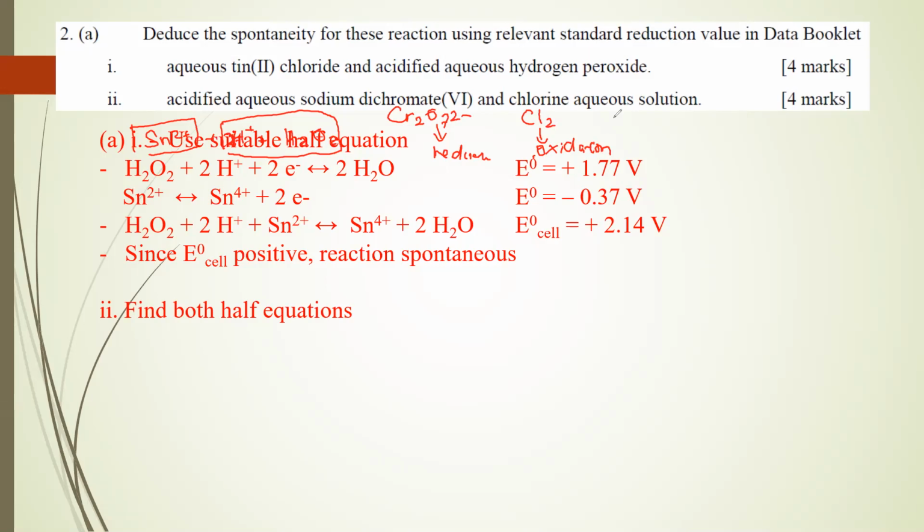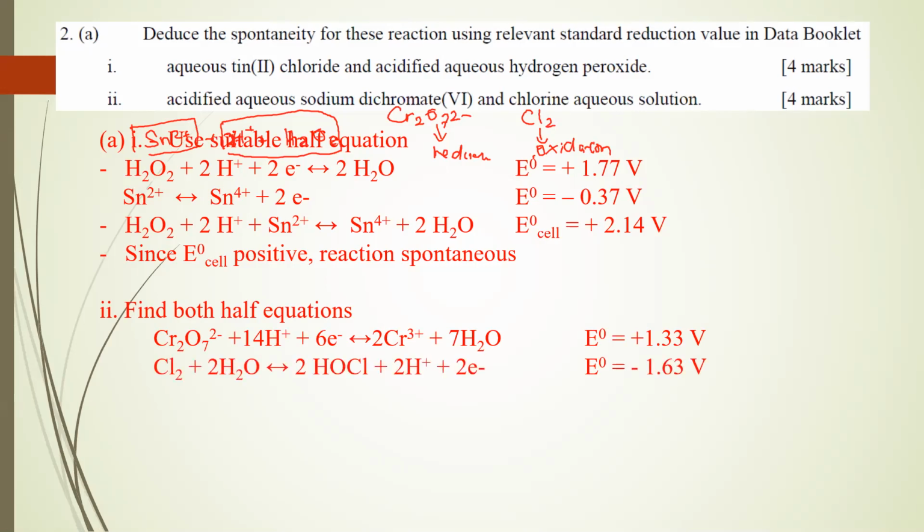Okay, in here, when you check the suitable half equation series, there's only one way toward it. The one half equation in regard to the dichromate is Cr₂O₇²⁻ + 14H⁺ + 6e⁻ gives 2Cr³⁺ + 7H₂O. Then Cl₂ + 2H₂O gives 2HOCl + 2H⁺ + 2e⁻. So this dichromate is doing reduction, while chlorine must be doing oxidation.